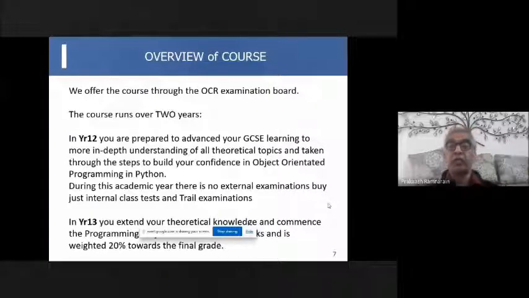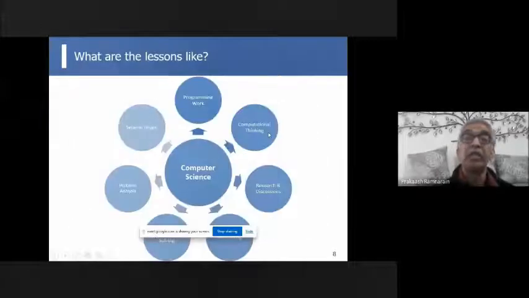The school offers the course to the OCR examination board, and we have both papers written in Year 13, as I originally told, and it counts 80% towards the linear qualification. The other 20% comes from doing a programming project, which will be started in Year 12 but completed in Year 13.